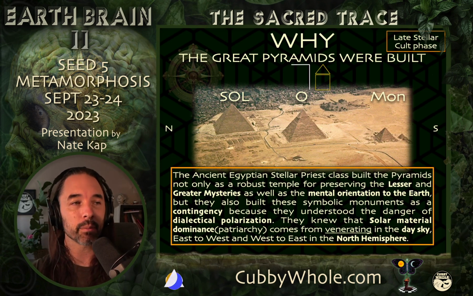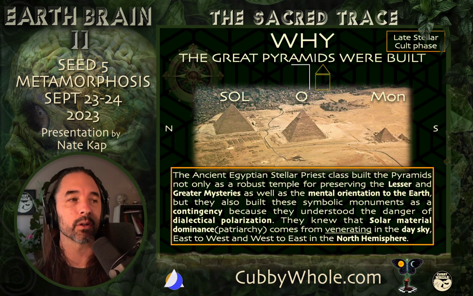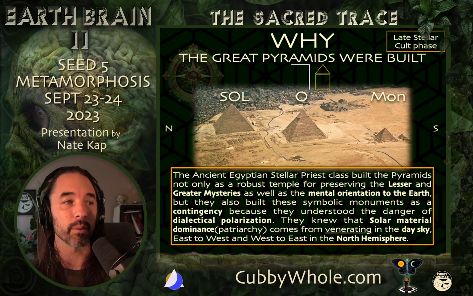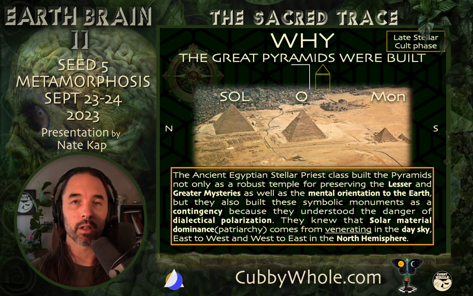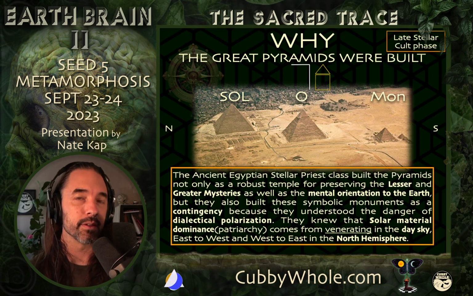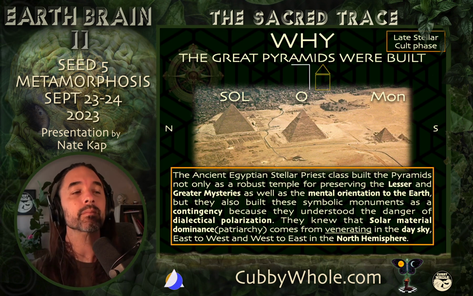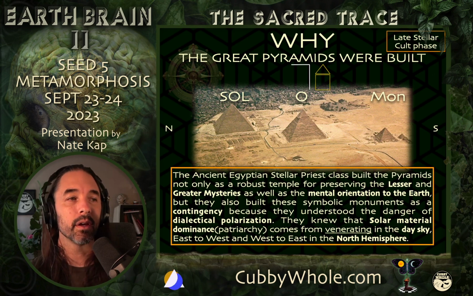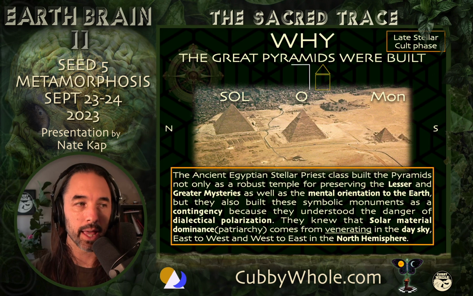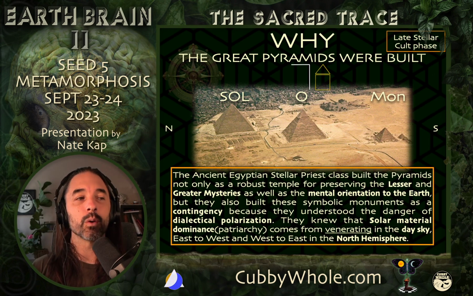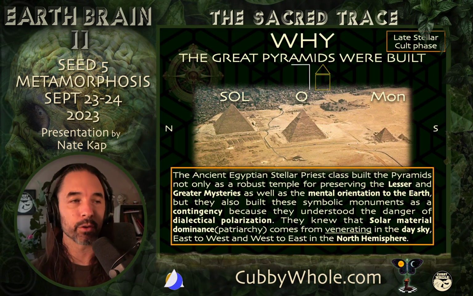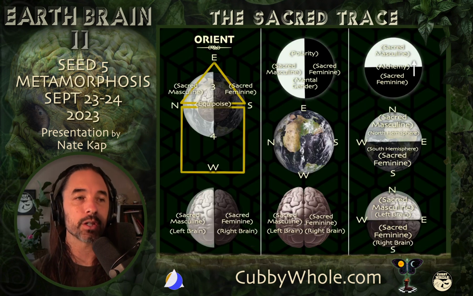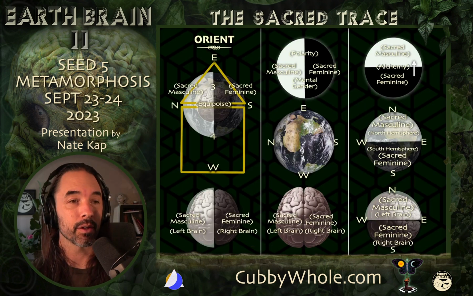So the stellar priest class built the pyramids not only as a robust temple for preserving the lesser and greater mysteries, where the lesser mysteries deal with the 7 and the 5, and the greater mysteries deal with the 12. But it was also a way to preserve mental orientation to the earth.